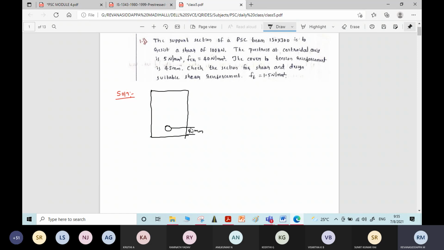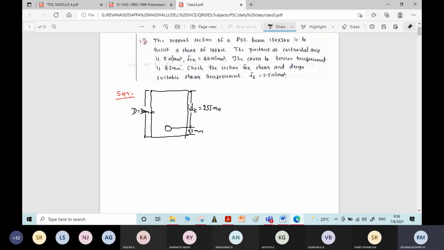And the overall depth of the beam, capital D, is equal to 300 mm. Therefore, the effective depth dt will be equal to 300 minus 45. How much will we get? 255 mm, the effective depth.